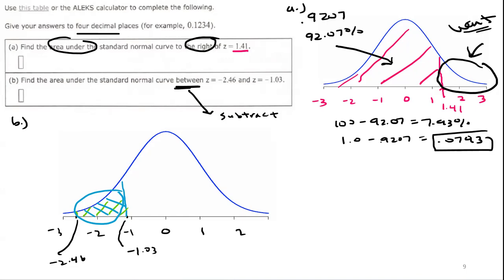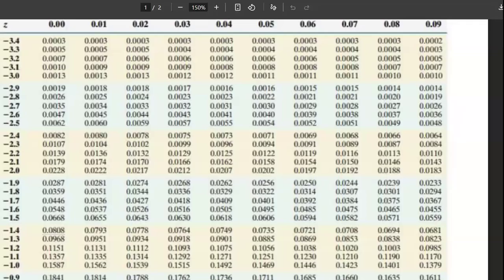Well, let's just look at it so we can get familiarized with it. We need to find negative 1.03. Here's negative 1.0, and 1.03 is right here. So that's going to correspond with 0.1515.